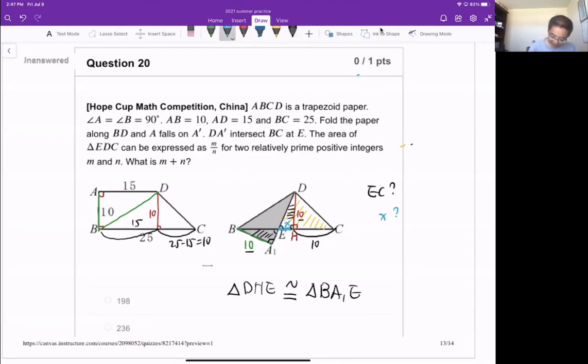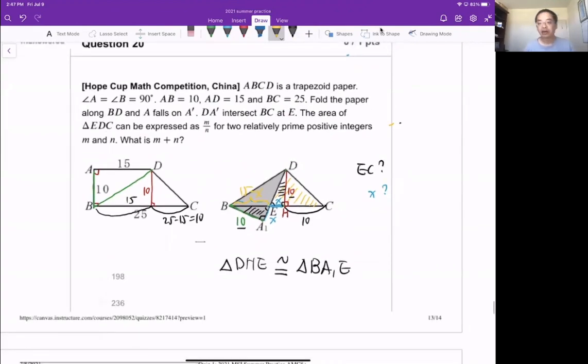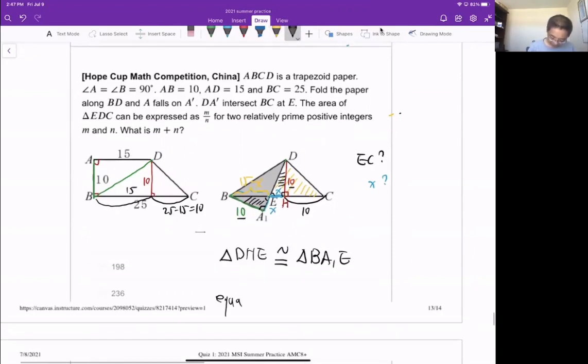All right. So if this is X, then this is X. And then this part will be 15 minus X. Now, by expressing those things using X, we can set up an equation in X. What's the equation?